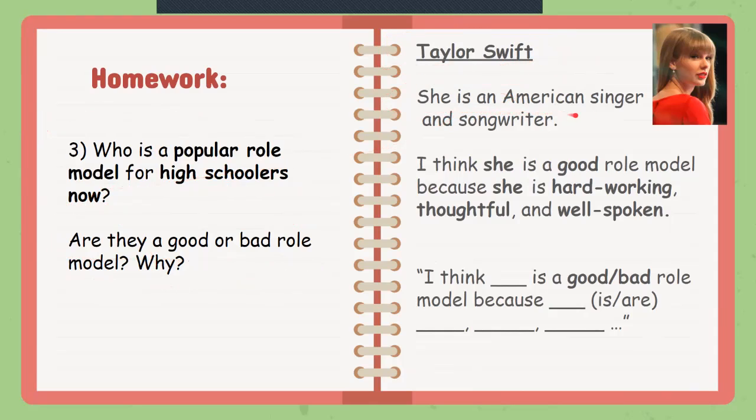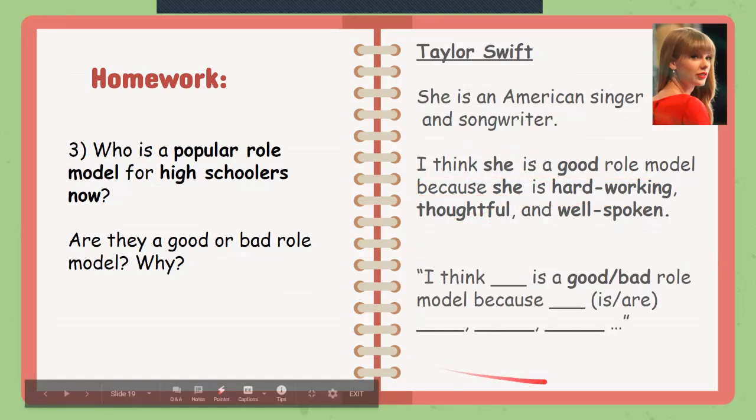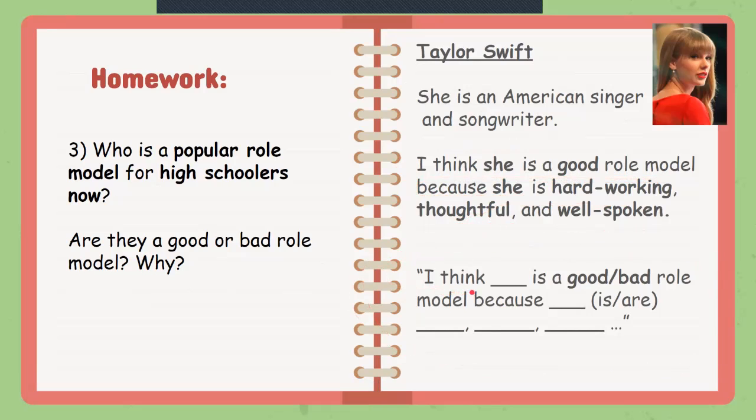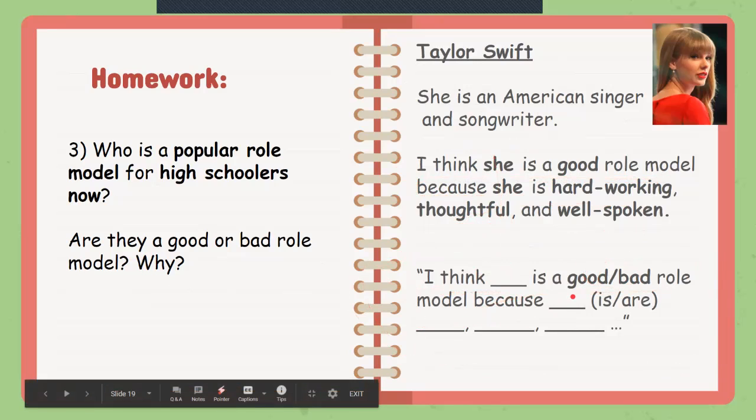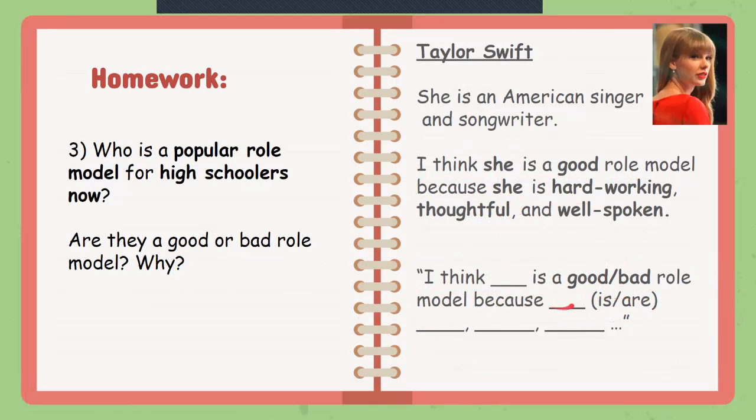She is an American singer and songwriter. I think she is a good role model because she is hardworking, thoughtful, and well spoken. If you want to use this sentence structure in your homework, you can. I think blank, maybe she, he, it, is a good or bad role model because he, she, it is, or maybe they are, blank, blank, blank.